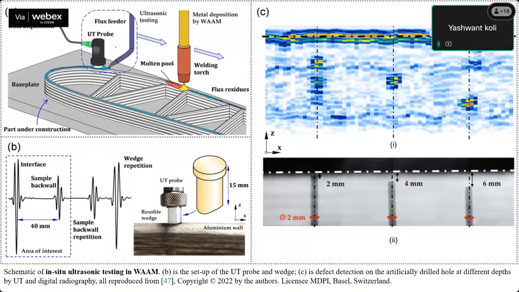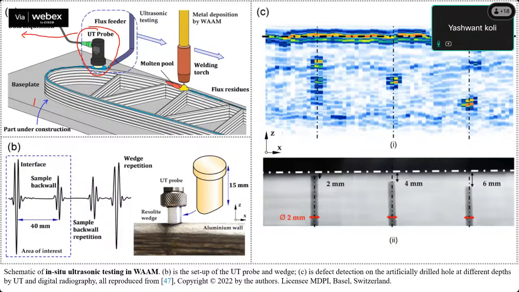The next is in situ ultrasonic testing in WAM. In situ ultrasonic testing is basically a mode of ultrasonic scanning. It's cost effective, fast, and capable of detecting internal weld defects. You can see here the UT probe is placed over here and data acquisition is done here.